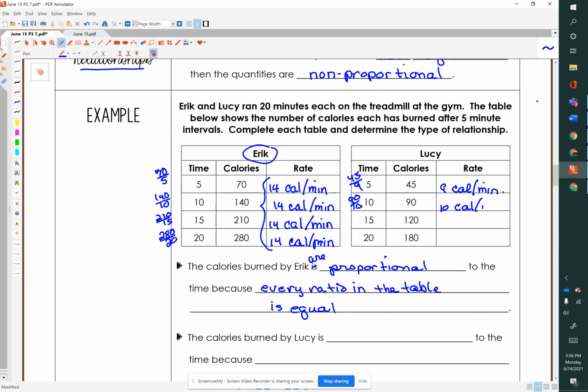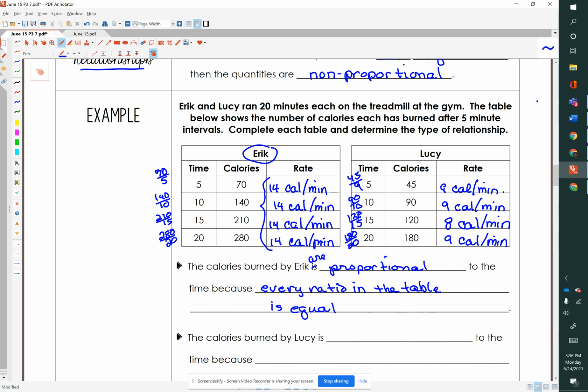I wrote 10, I meant to write 9. Sorry about that. 120 divided by 15 is 8 calories per minute. And 180 divided by 20, now we're back up to 9 calories per minute.